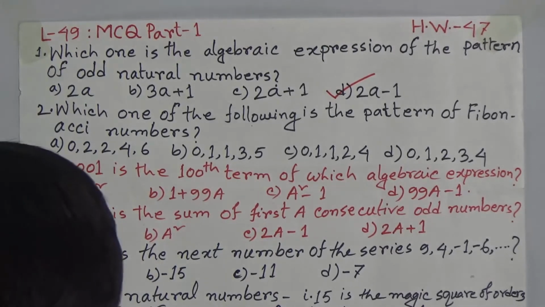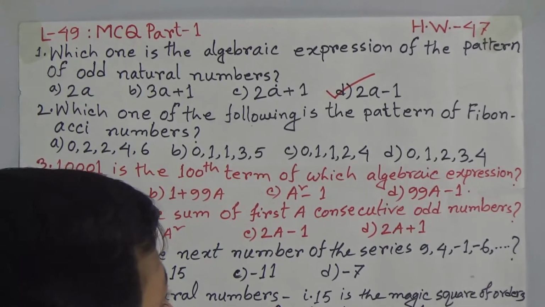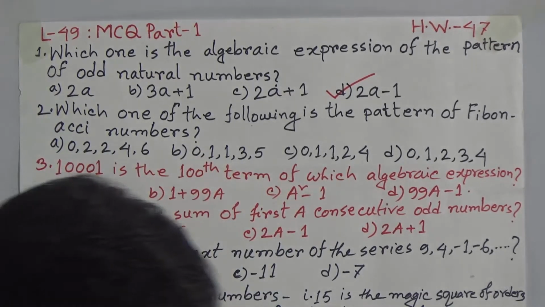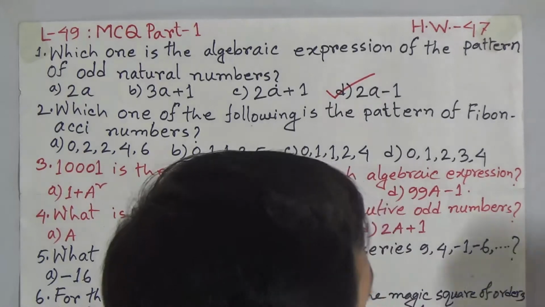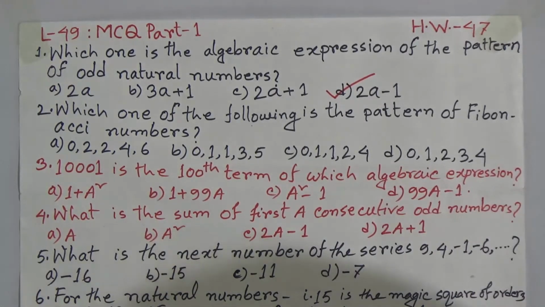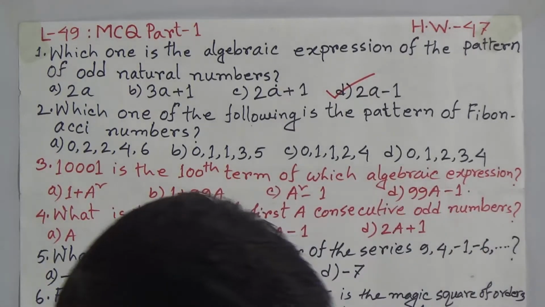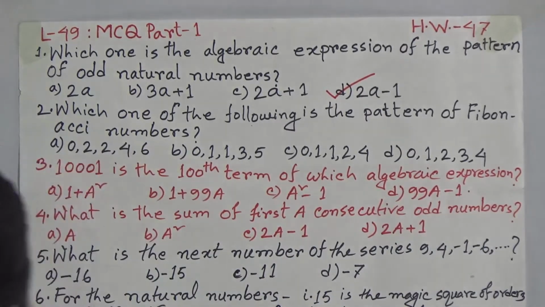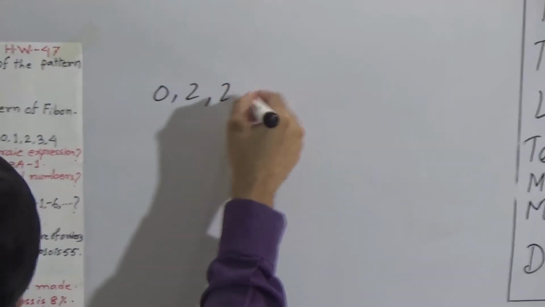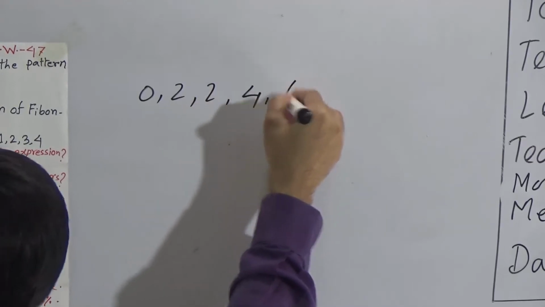Then question 2. Which one of the following is the pattern of Fibonacci numbers? Dear students, you know that Fibonacci number means sum of the two previous number will be the next number. So we have to notice which pattern follows these rules. Okay. For A, the pattern is given 0, 2, 2, 4, 6.